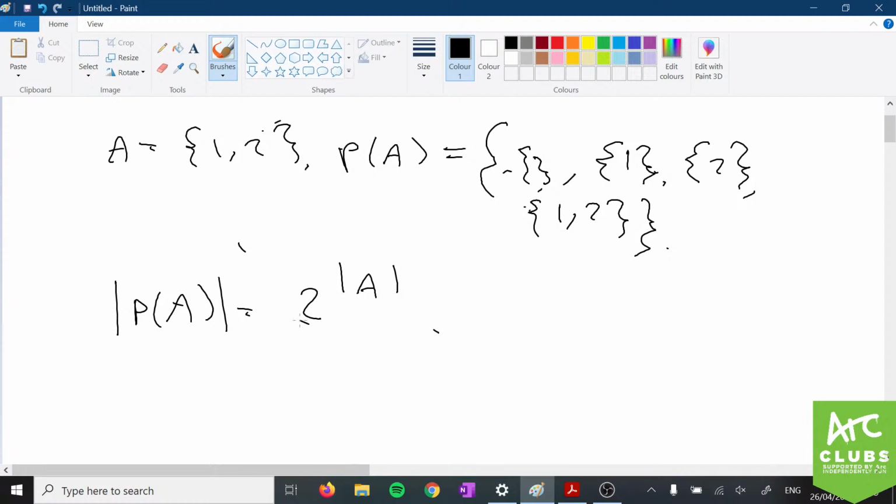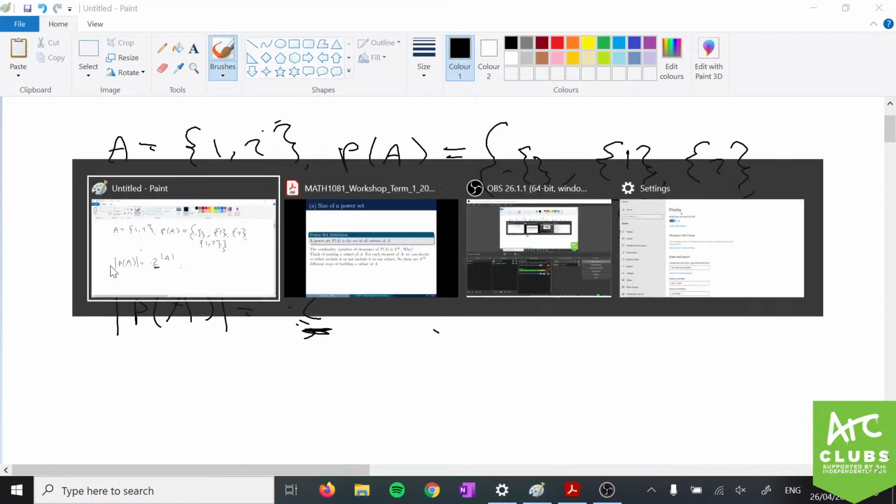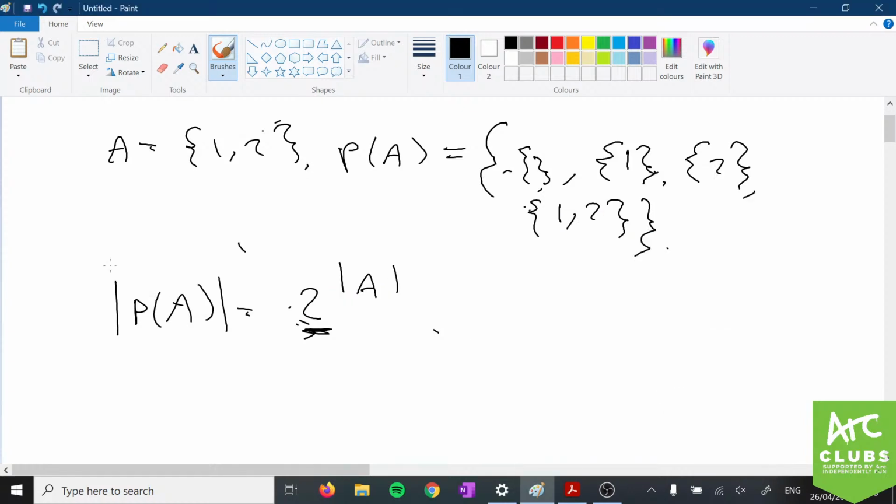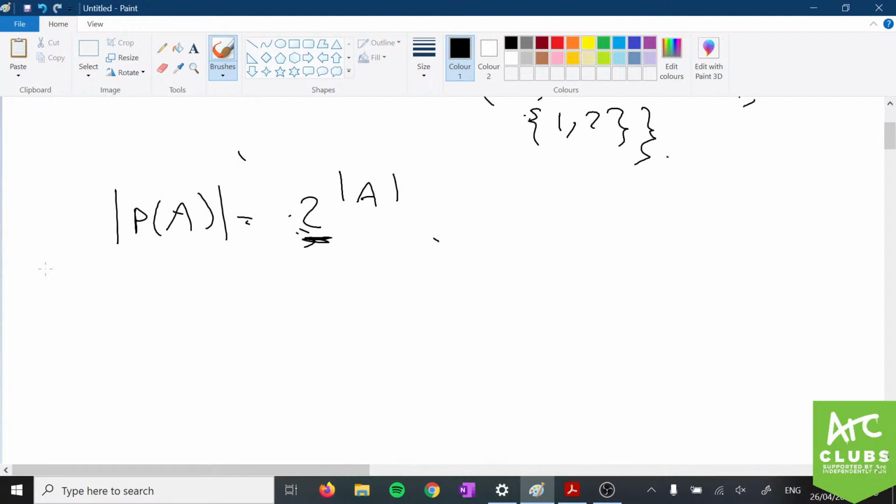That's the reason for the 2 here. And the power of the size of A is because you're making that decision for every single element of A. And so in our question, the size of A was 5, so the size of P of A equals 2 to the 5, which is 32.